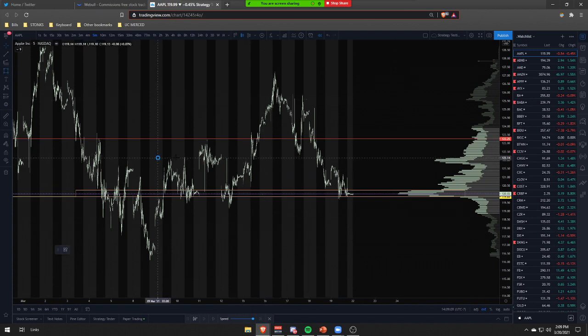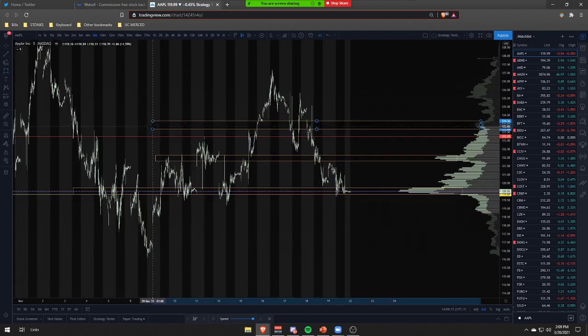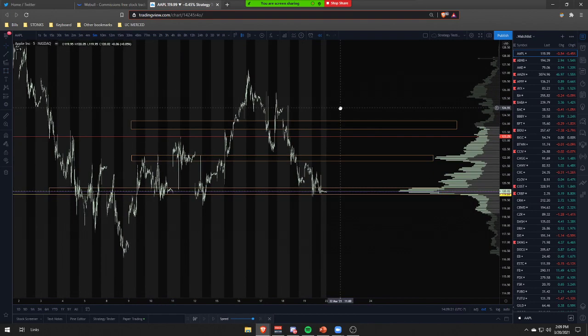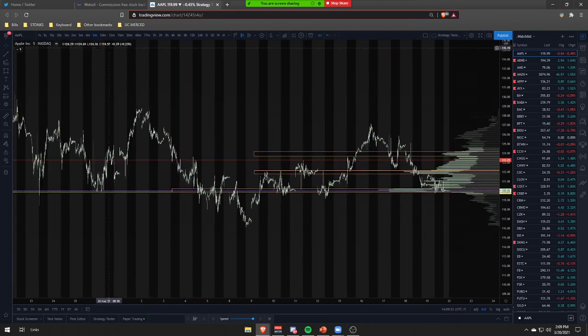This would be a PT right here. And then another PT is going to be up here, 124. So I'm looking for strike prices that are in this range between a 120, a 121, 122-ish, all the way to 124, 125.